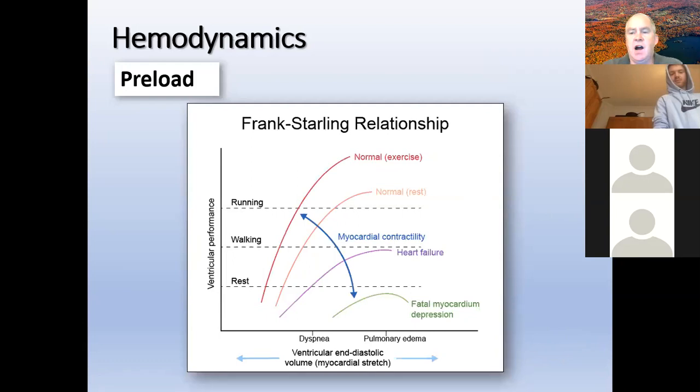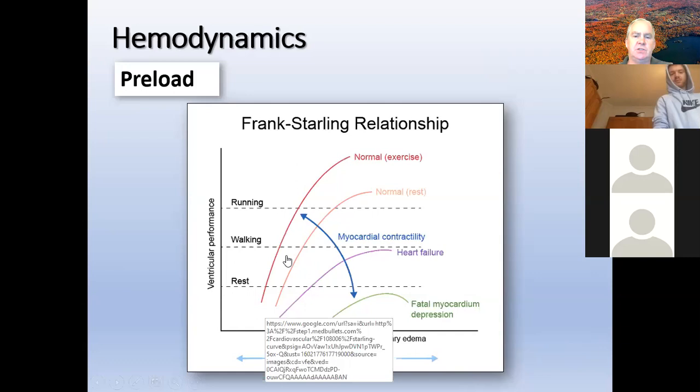So the inotropic nature of the heart changes based on its physiological state, right? So this is your normal, as you're just at rest, the inotropy of the heart. If you exercise, you're going to stimulate release of mostly norepinephrine, but if you're really, really working hard, a lot of epinephrine too, and that will increase the ability of the muscle to contract at different stretch amounts.